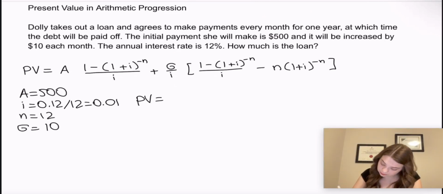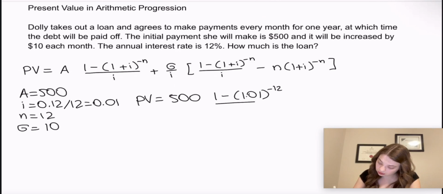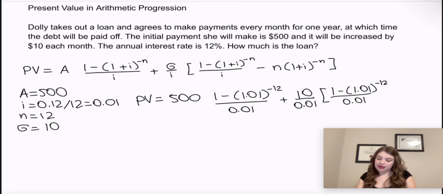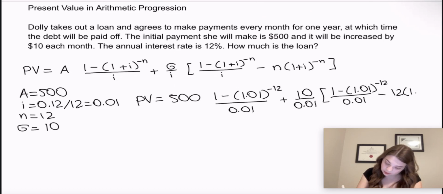So PV is equal to 500 times 1 minus 1 plus i, so that's going to be 1.01 to the power of negative n, so negative 12, all over i, so over 0.01, and then plus the gradient over i, so gradient is 10 over i, which is 0.01, and then times 1 minus 1.01 to the power negative 12 over i, so over 0.01 again, and then minus n, which is 12, times 1.01 to the power of negative n, so negative 12.